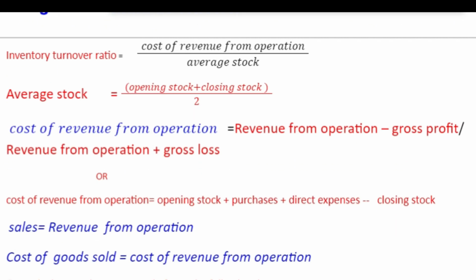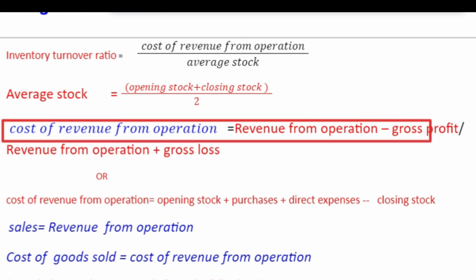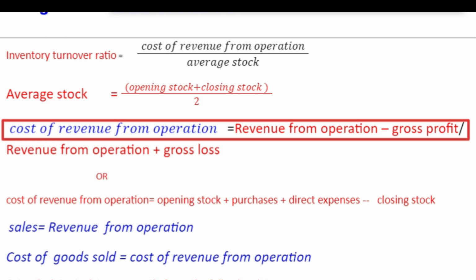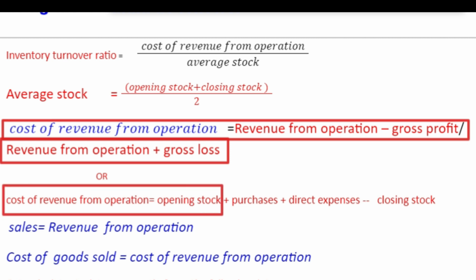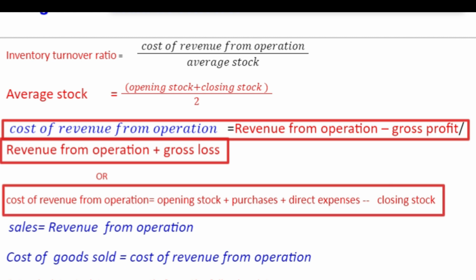Here, cost of revenue from operation is calculated as sales minus gross profit. If there is a gross loss, then it is sales plus gross loss. Alternatively, the cost of revenue from operation can be calculated using this formula: opening stock plus purchase plus direct expenses minus closing stock.